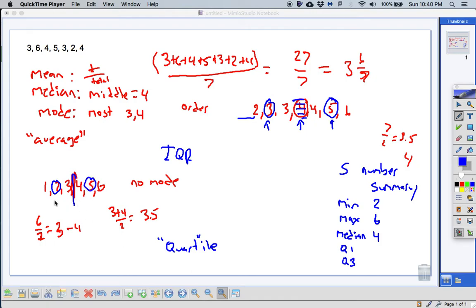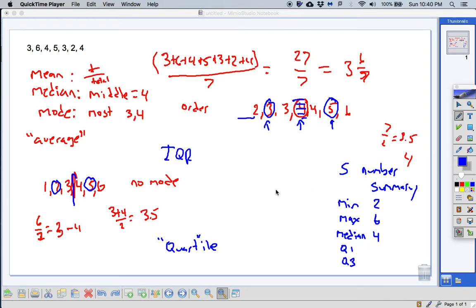And just like in this case, originally, if the middle number is between 2 numbers, because it's even, again, you're going to add them up and divide by 2, finding the mean of those 2 numbers. So anytime that happens, just add them up, divide by 2, and that's going to be your median. Okay, so here we have the median in the lower half is going to be 3, the median in the upper half is going to be 5, and we've now separated our data into fourths.